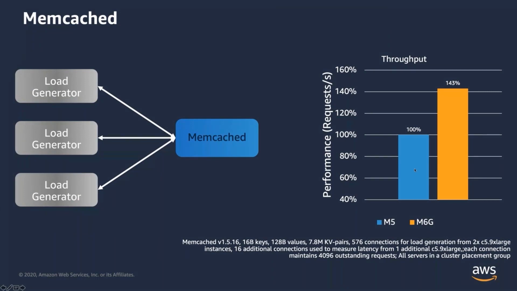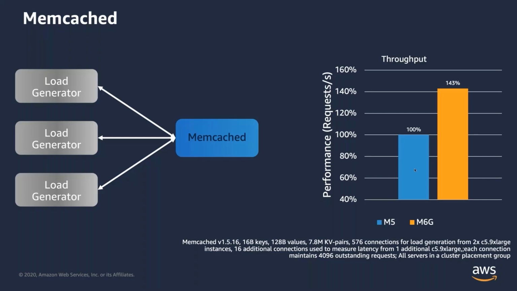Let's look at another benchmark, this time memcached. So this time we use load generators that are stressing a memcached server on either an M6G instance or an M5.